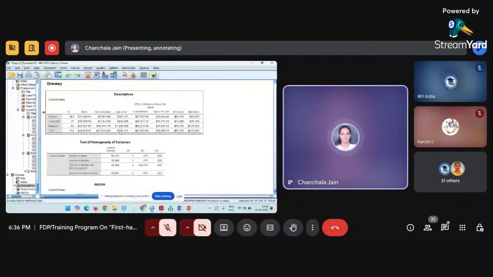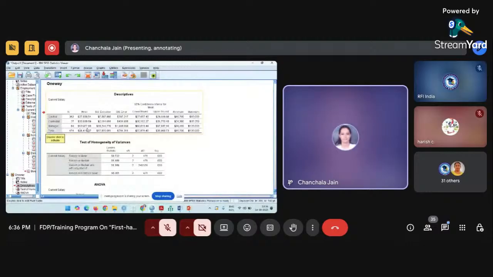In the first section, we have the descriptive statistics, showing 363 clerical staff, 27 custodial, and 84 managers. The mean salary for clerical is 27,838, custodial 30,938, and manager 63,977.